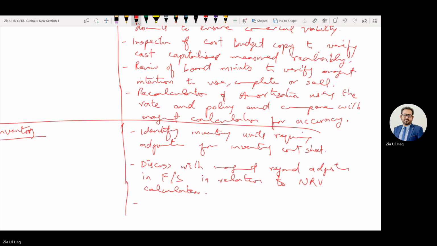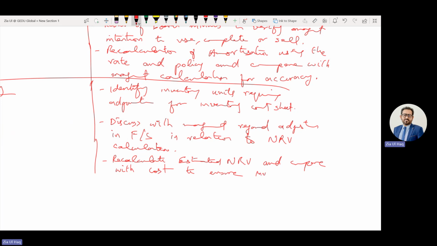What else will we do? Recalculate, estimate NRV, and compare with cost to ensure inventory is stated in financial statements at the lower value.